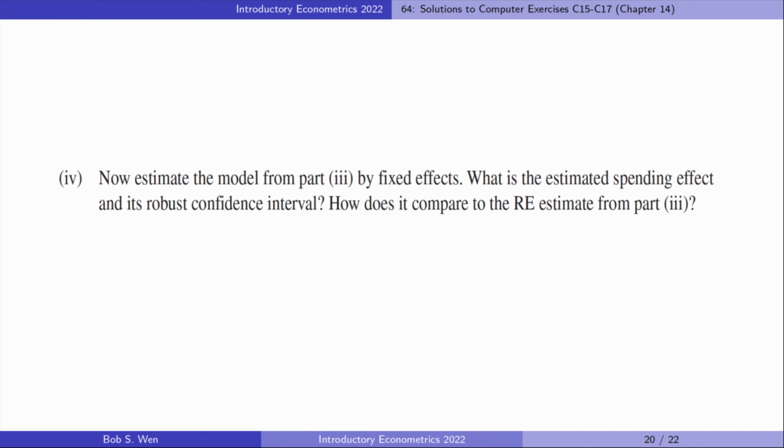In Part 4, we estimate the model from Part 3 by fixed effects. What are the estimated spending effect and its robust confidence interval? How does it compare to the random effects estimate from Part 3?